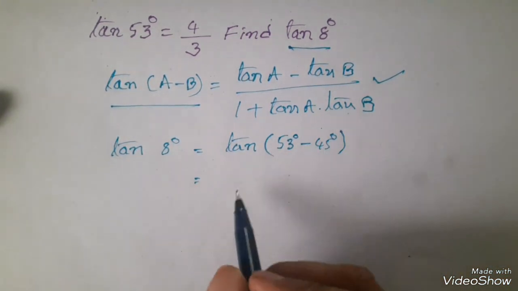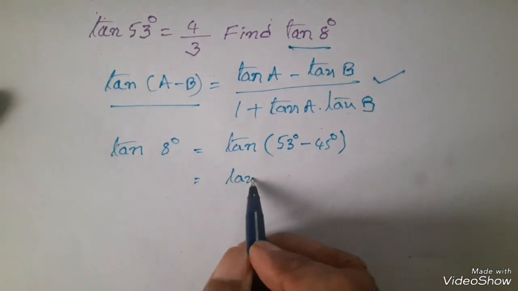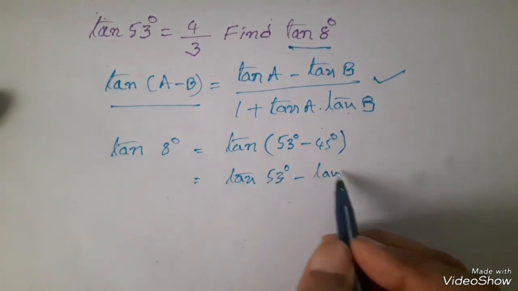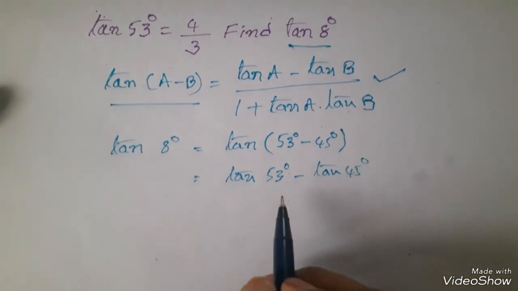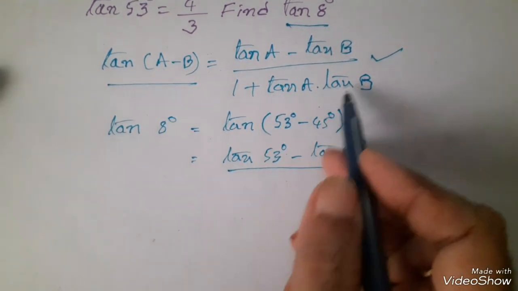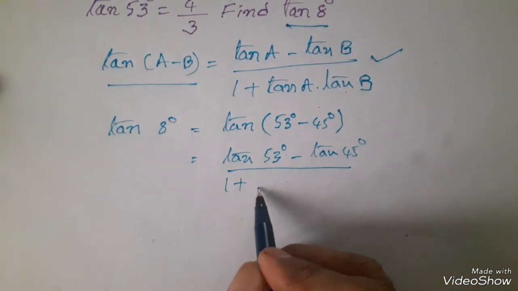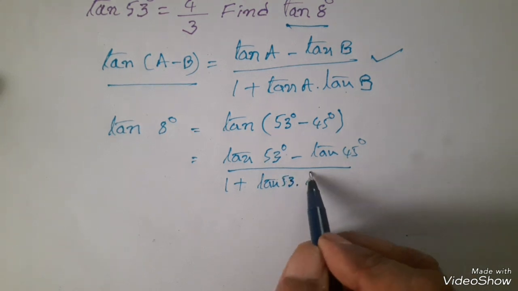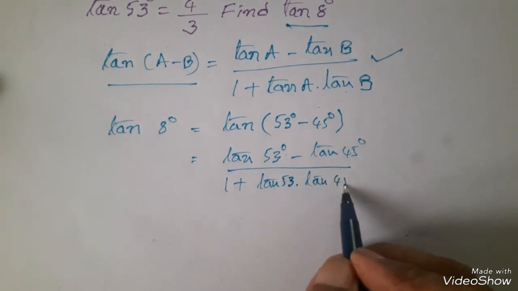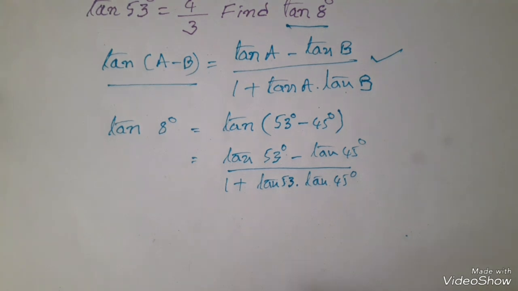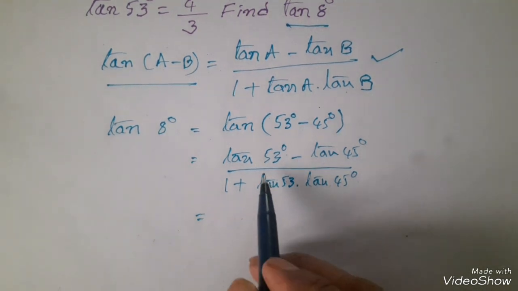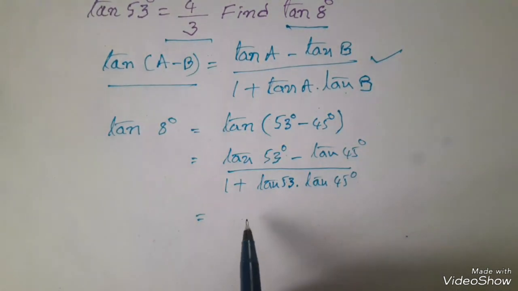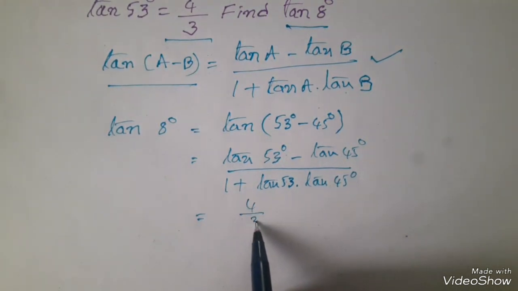So tan A minus tan B: here tan 53 degrees minus tan 45 degrees, by 1 plus tan 53 into tan 45. Now use the values here. Substitute tan 53, given as 4 by 3.